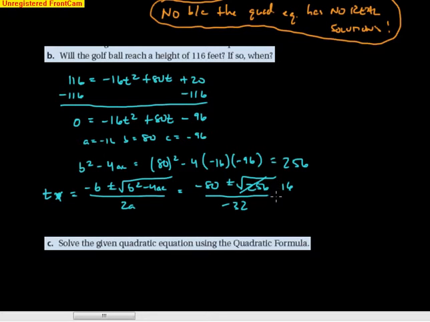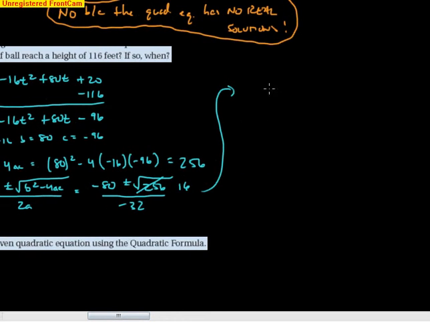It is exactly 16. So now I'm going to come up here, and I'm going to create two equations. T equals negative 80 plus 16 over negative 32, and t equals negative 80 minus 16 over negative 32.